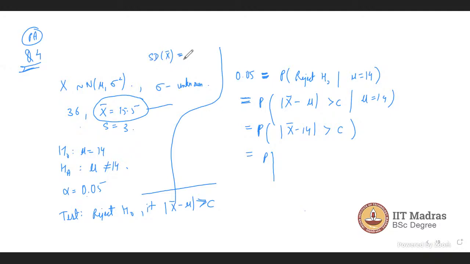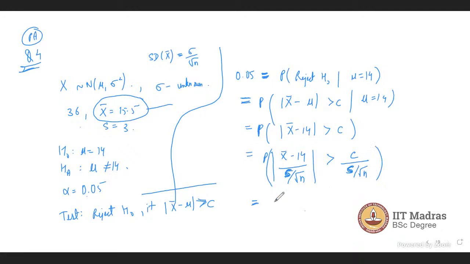Sigma upon root n. But sigma is not given here. So I will use our sample standard deviation. Okay. So this is going to be X bar minus 14 upon S upon root n, greater than C upon S upon root n.